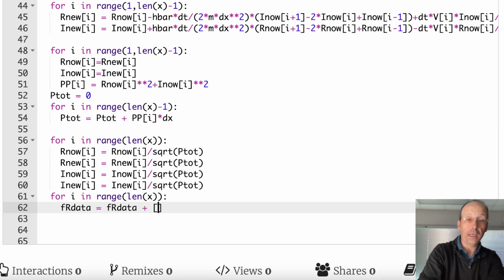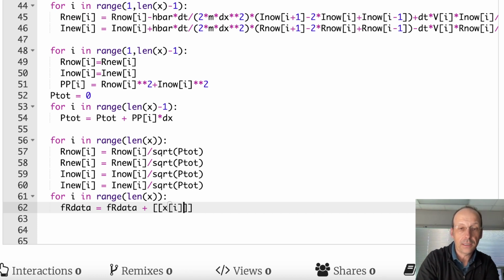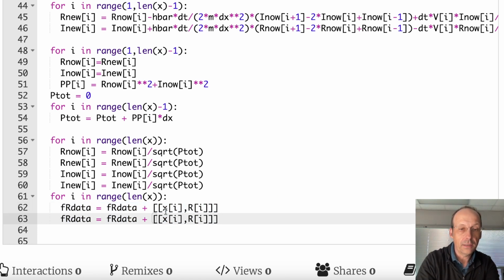So my x value is going to be xi, and then my y value is going to be ri. And then I'm going to do the same thing for I. This is going to be ii, and this is going to be I, and this is going to be I.